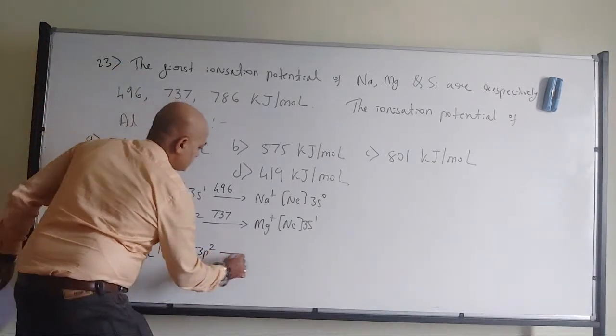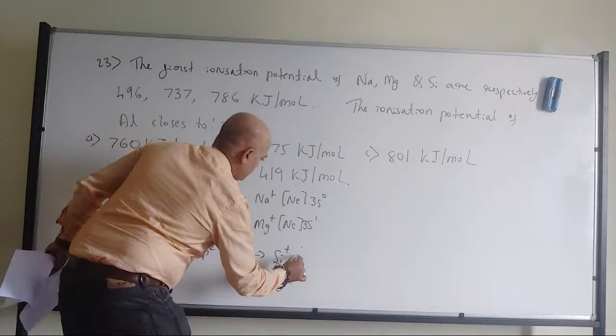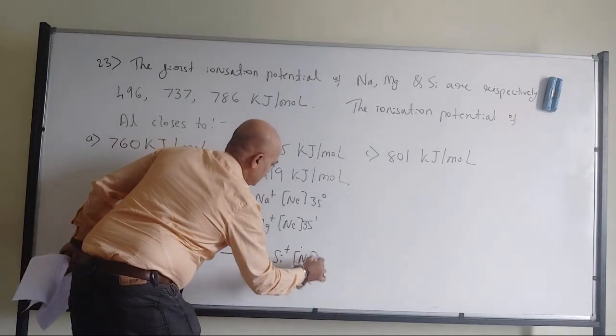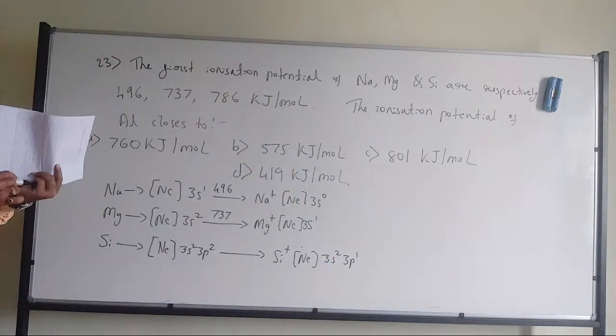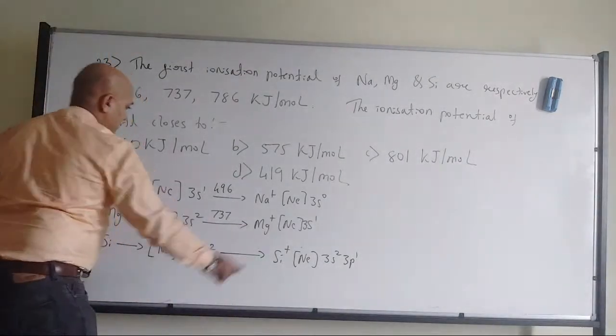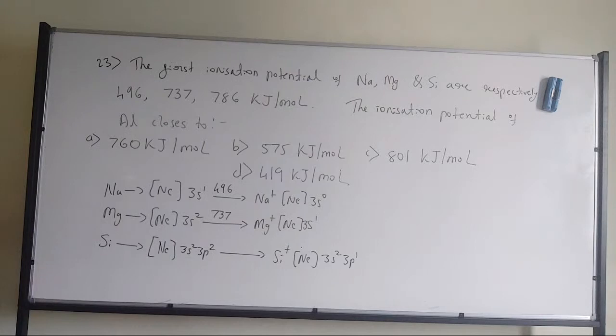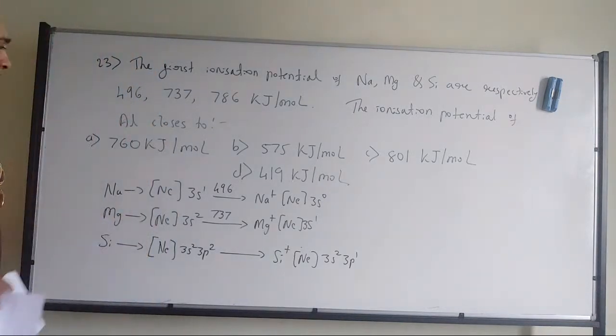Right? Now, silicon plus. They are talking about the first ionization potential. Therefore, Si plus is neon 3s2, 3p1. So in this case, electrons are getting removed from the p subshell. Yes, from here the p subshell electrons are getting removed. In the case of aluminium, they are all in period number 3 only.